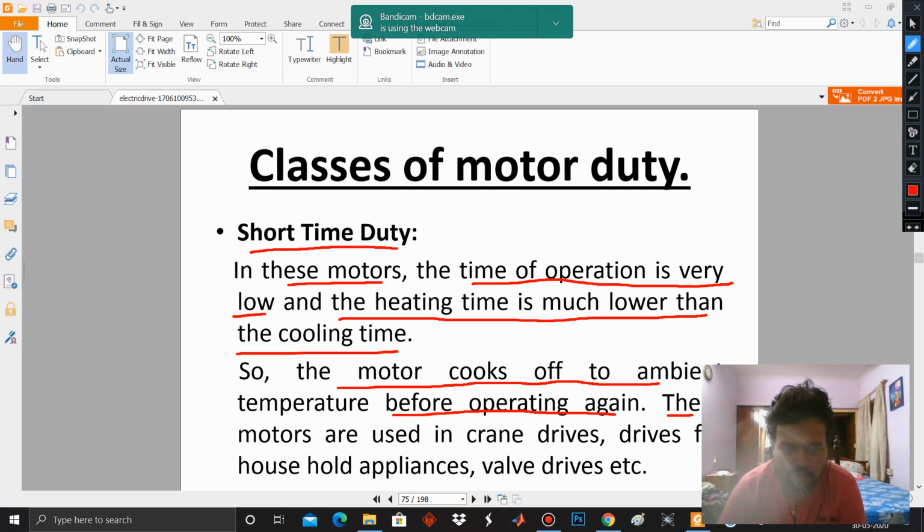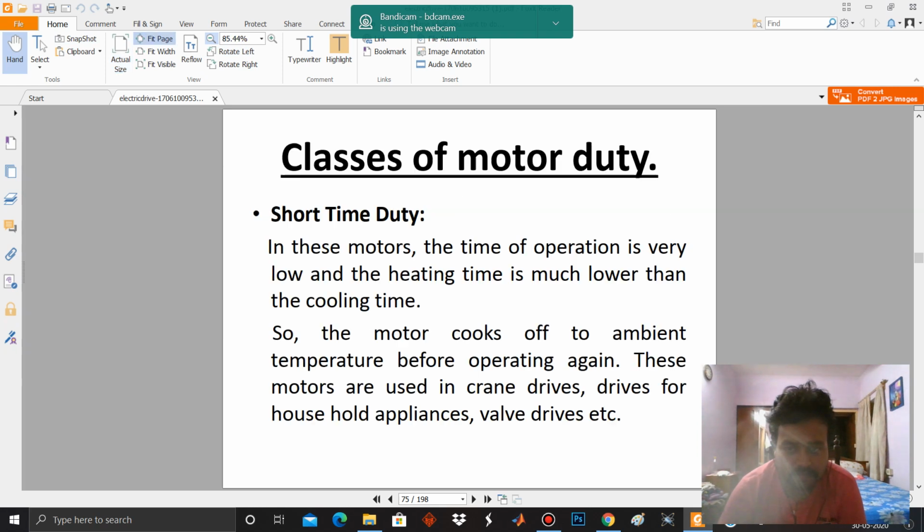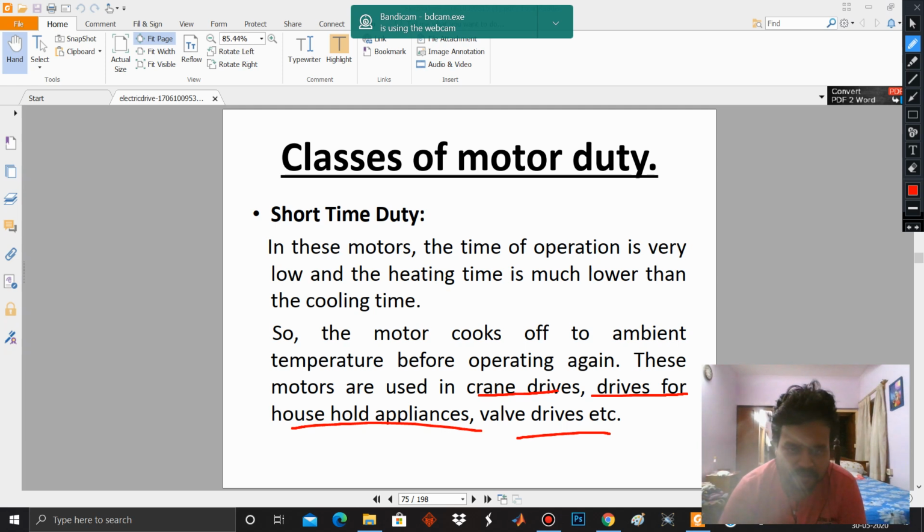These types of motors are used in crane drives, drives for household appliances, valve drives. These are the applications. That means the motor is getting enough cooling time before starting again. This is known as short time duty.